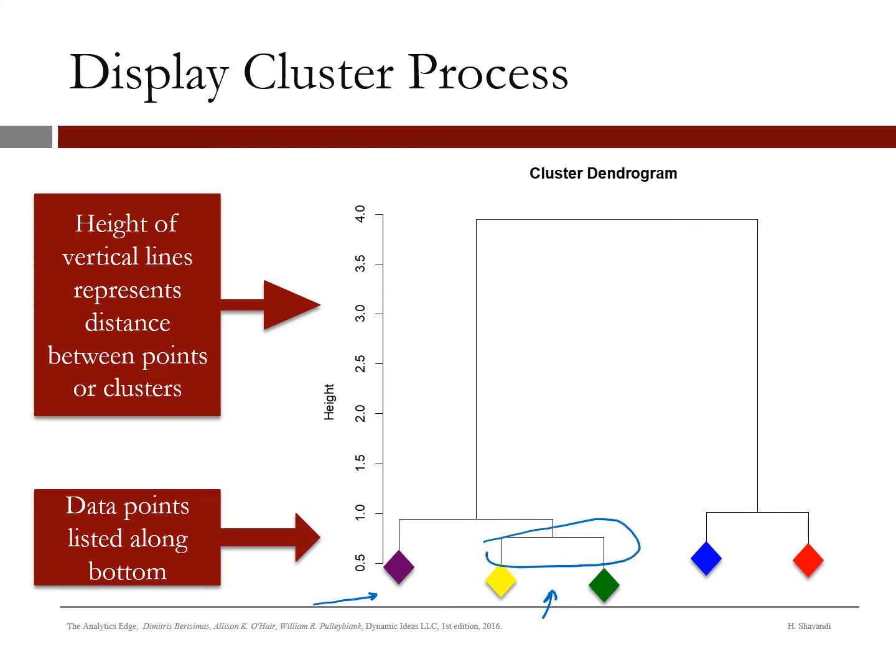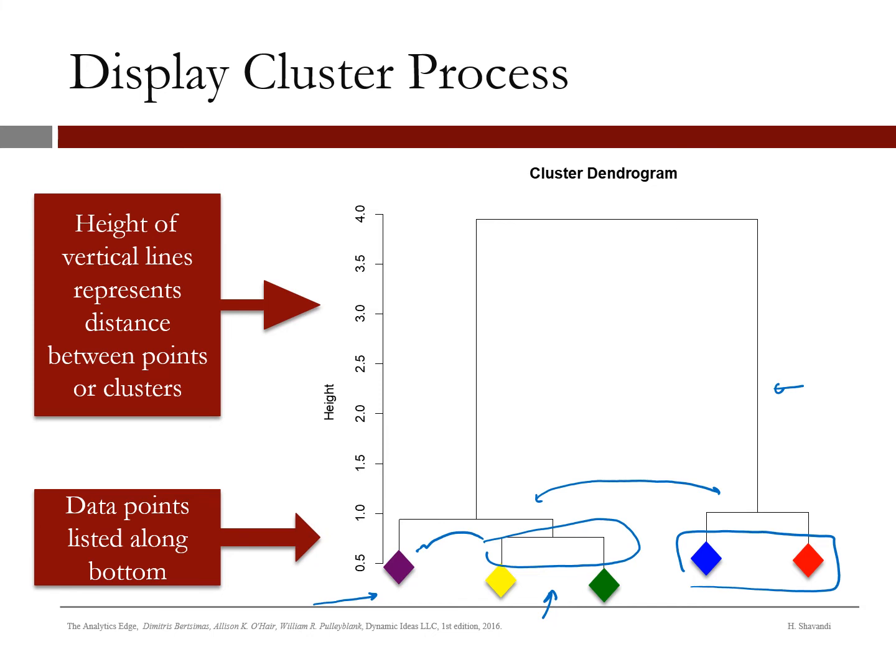And then this cluster with that, and then these 2 clusters, and then at the end, the 2 clusters. The height of the lines here is the distance between the 2 data points or the 2 clusters.